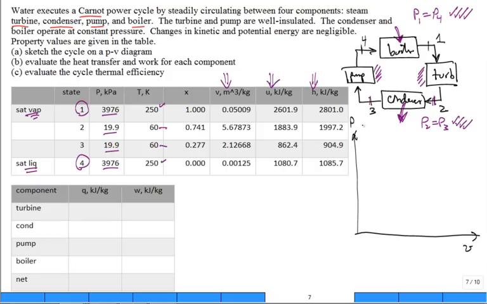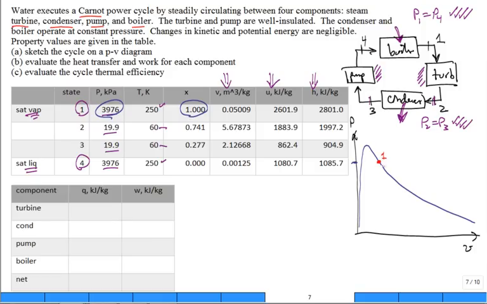All right. I'm going to put a dome, and the dome is going to be extremely steep up to this point, and then it's going to really kick out. And we have a high pressure up here, 3,976 kilopascal. And so it starts at state 1. It's saturated vapor. True. So let's put state 1 right there.